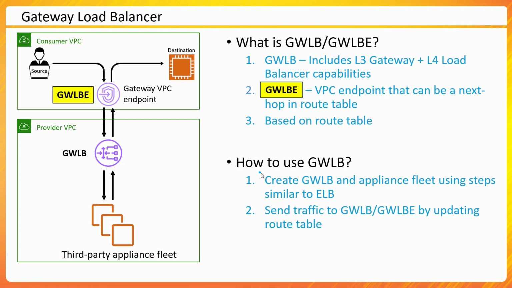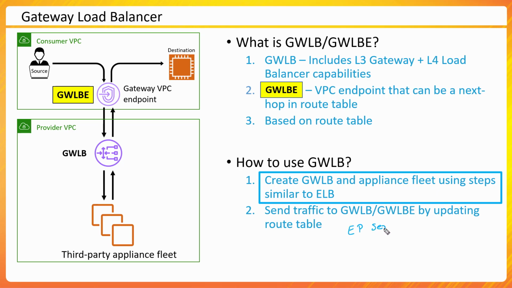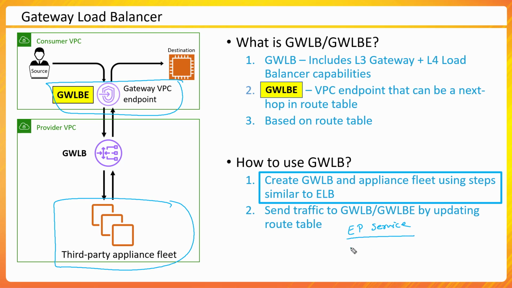What you would need is a GWLB appliance fleet, using steps which are similar to ELB, and afterward you would need to create two components. One is called an endpoint service, which would represent this, and then you have to create the endpoint.